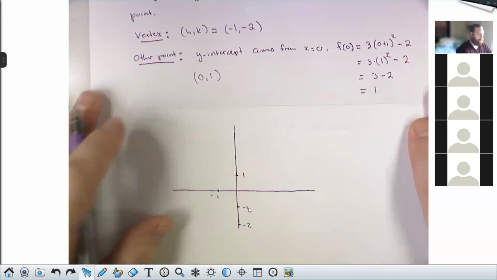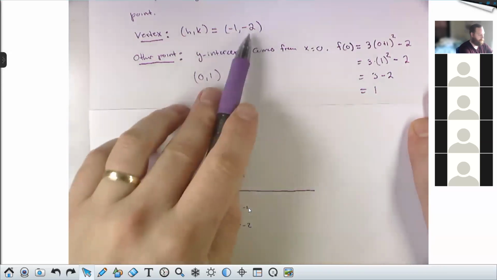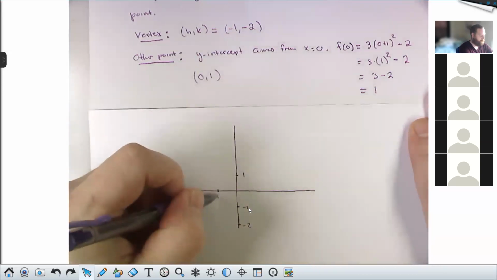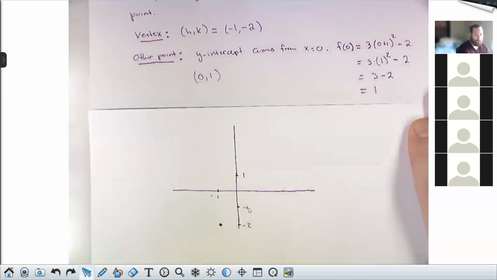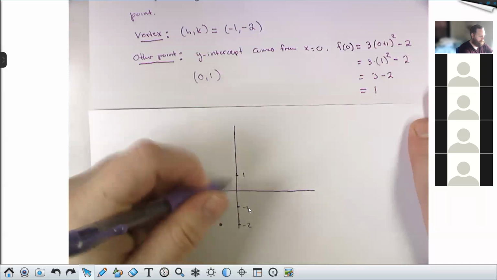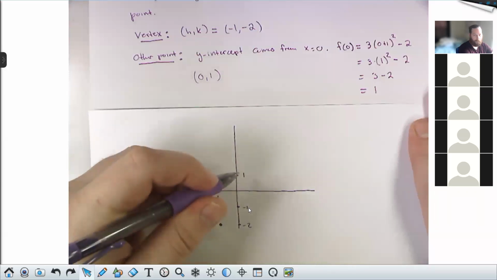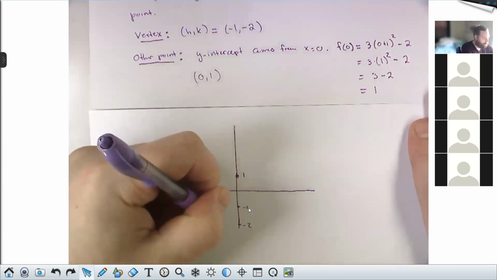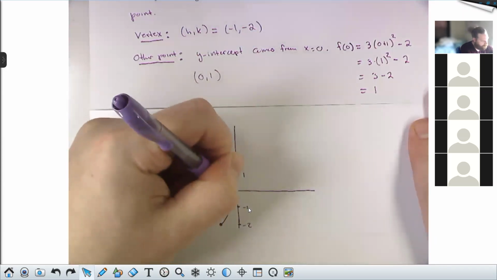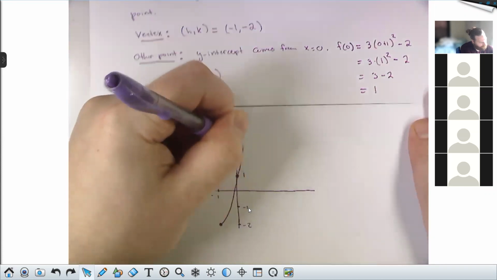So let me move this up. My vertex is at the ordered pair -1, -2. That means I go left on the x-axis and down 2. And I know this is going to be a parabola. The y-intercept is right here at 0, 1. So this parabola is going to look like this.